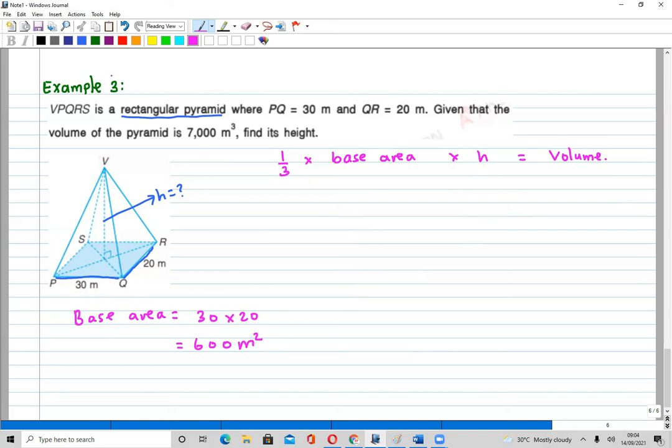So let's go ahead. We say that a third times the base area, which is 600, times the height, we don't know that, is equal to the volume, which is 7,000 cubic meters. Now we can divide by 3, we get 1, by 3, we get 200.